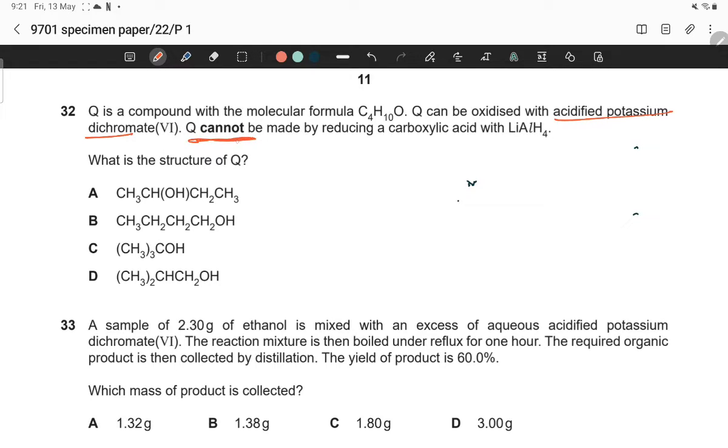Q cannot be made by reducing a carboxylic acid with lithium aluminum tetrahydride.